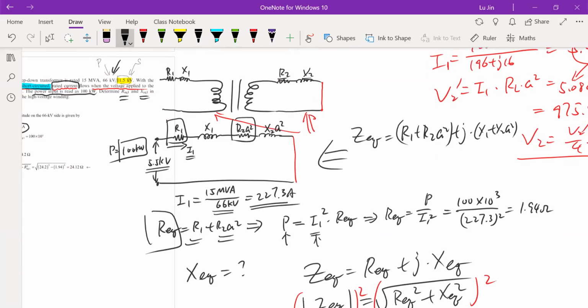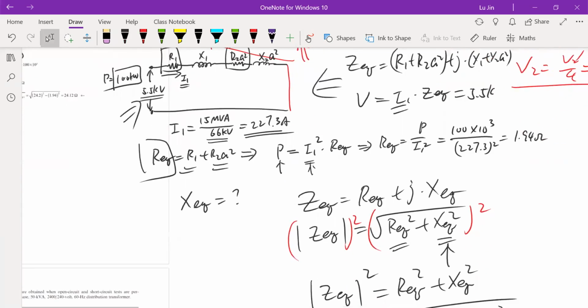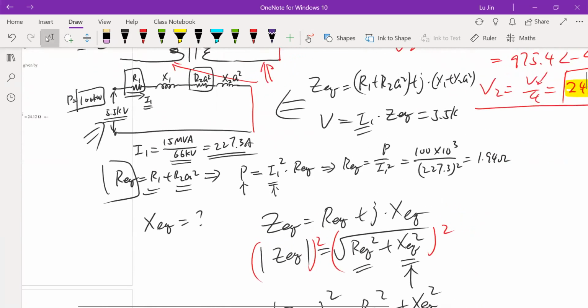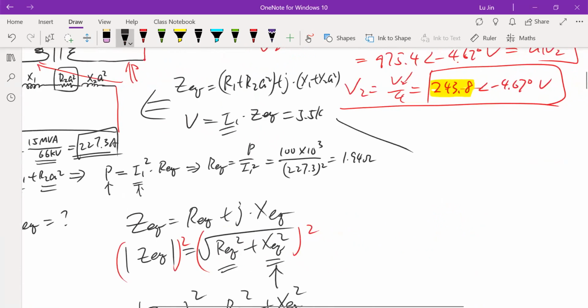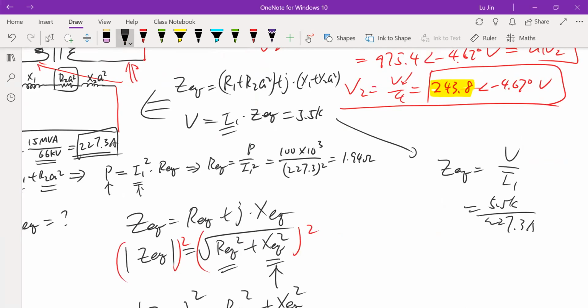And we know the total given voltage is 5.5 kilovolts. So V equal to I1 times ZEQ is equal to 5.5 kilovolts. I1 has already been determined. Where's I1? I1 is here, 227.3 amps. So we can keep writing here ZEQ equal to V over I1, Ohm's law, 5.5K divided by 227.3 amps.